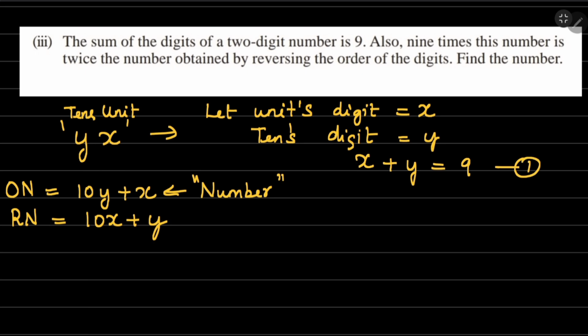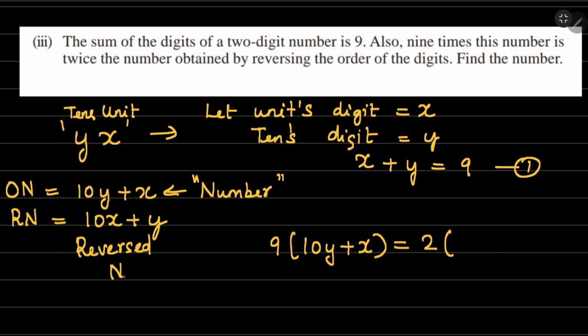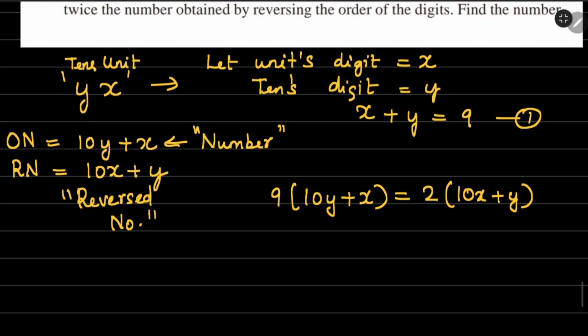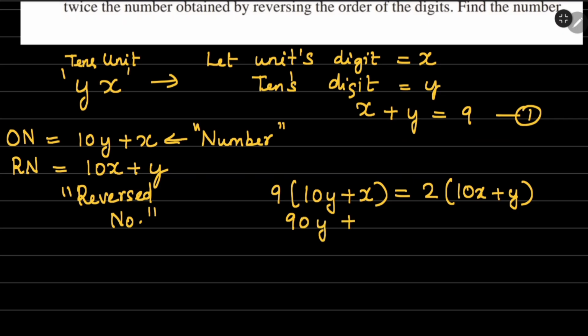Also, 9 times this number. What is the number? 10y plus x. So 9 times this number is equal to twice the number obtained by reversing the order of digits. So this is the reversed number. Twice the reverse number means twice 10x plus y. On solving, what do you get? 90y plus 9x is equal to 20x plus 2y.